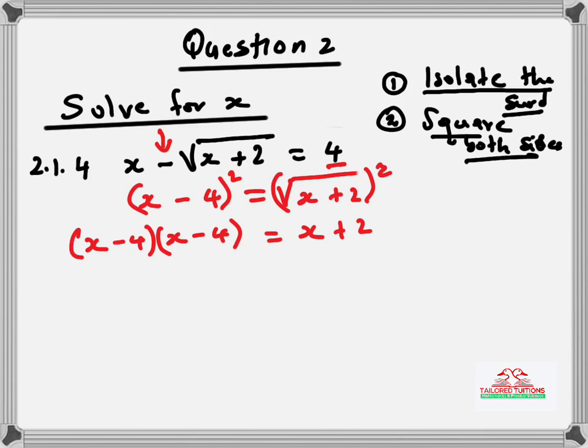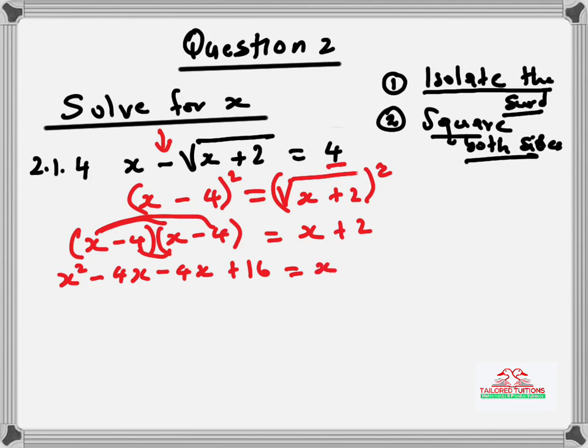and multiply one by one, as I am going to do here. X times x is x squared. X times minus 4 is minus 4x, and then minus 4 times x again is minus 4x, and then minus 4 times minus 4 is 16.